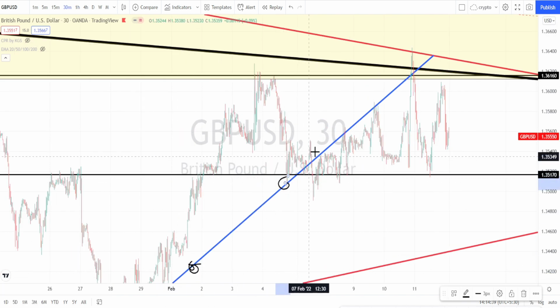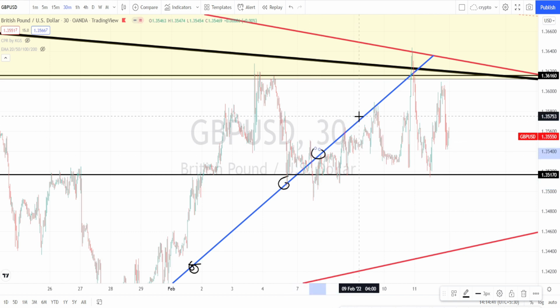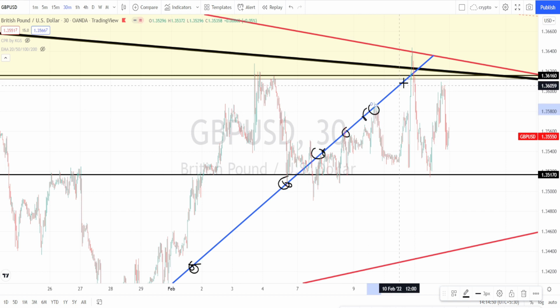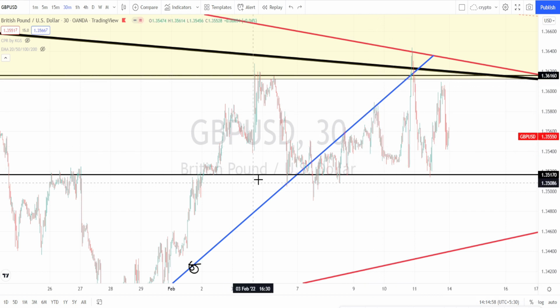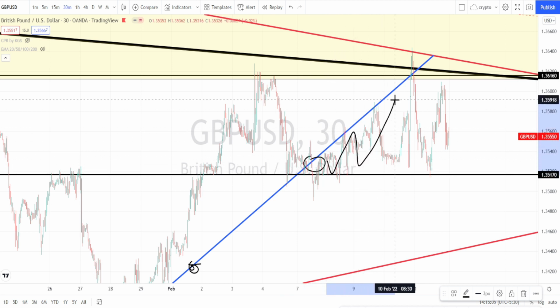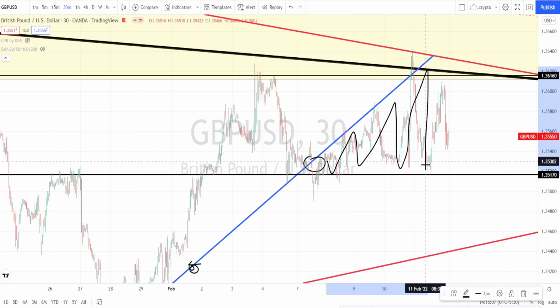Previously the price action had taken support on this trend line or the support line, and it was acting as a support line previously, and currently it is acting as a resistance line for the current price action. After breaking this support line, you can notice that there is no direction in this market and the price action is trading within the range between the support level of 1.35 and the resistance level of 1.36.